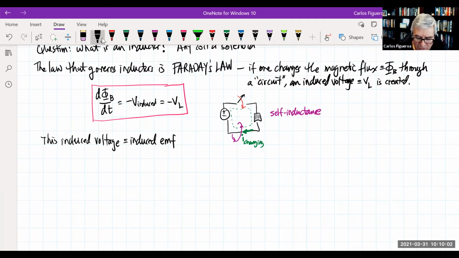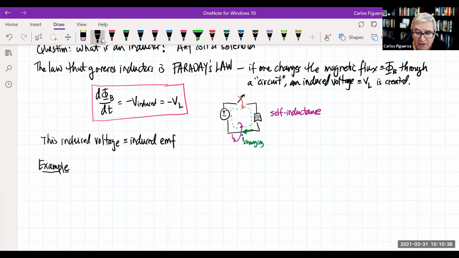So what I want to do is start looking at this thing physically to show you why there's a minus sign, and give you an example of this to try to shake off the cobwebs about this whole thing.